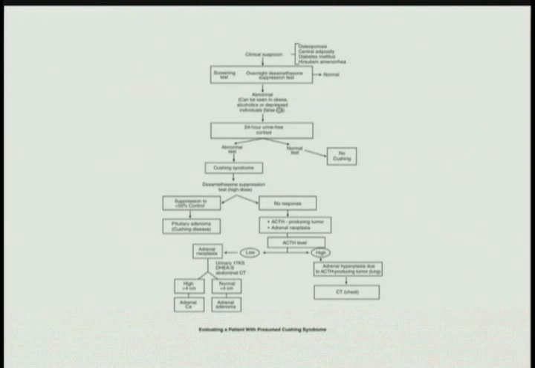Now, we're right here. We got a patient that looks like they had Cushing's, and we did a 24-hour free cortisol, and they have an elevated 24-hour free cortisol. So they got Cushing's syndrome, right? So what do we do now? Well, we know some differences. One difference between these 3 different diseases is that some of them have elevated ACTH levels, right?